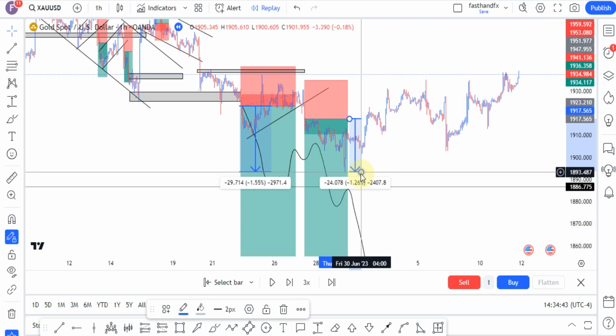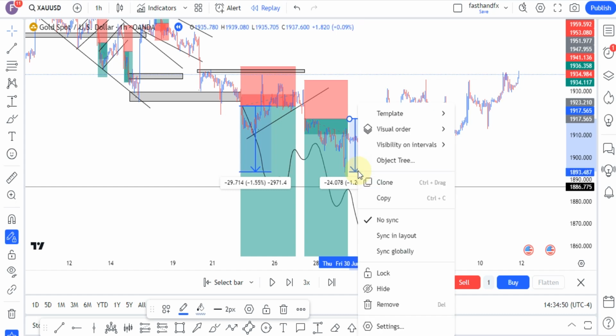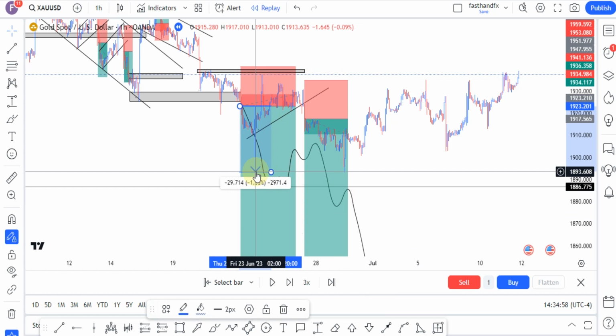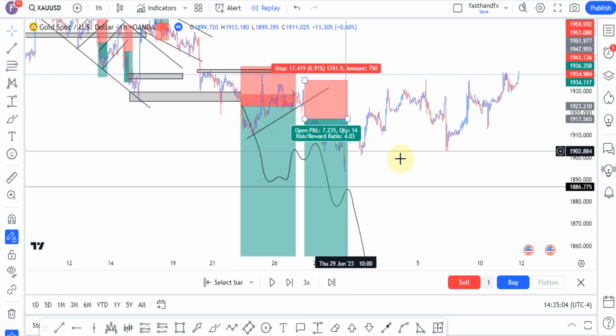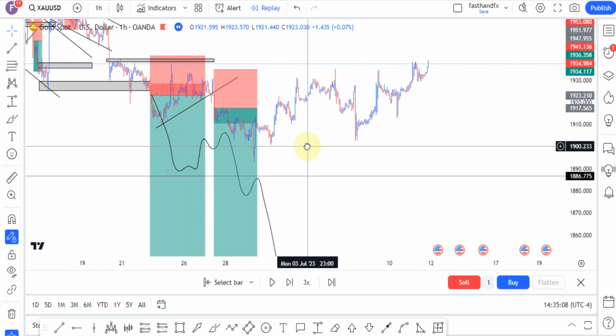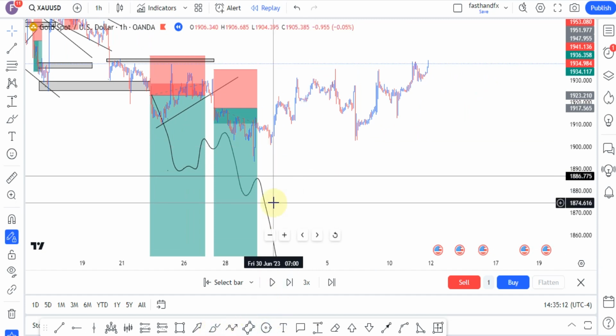So you should not be greedy, guys. When you see this number of pips in the market, you should always take them. Don't just be greedy and always be waiting for the market to go all the way down to take profit, because normally it may not respect the setup, and you may miss the take profit by just a few pips.